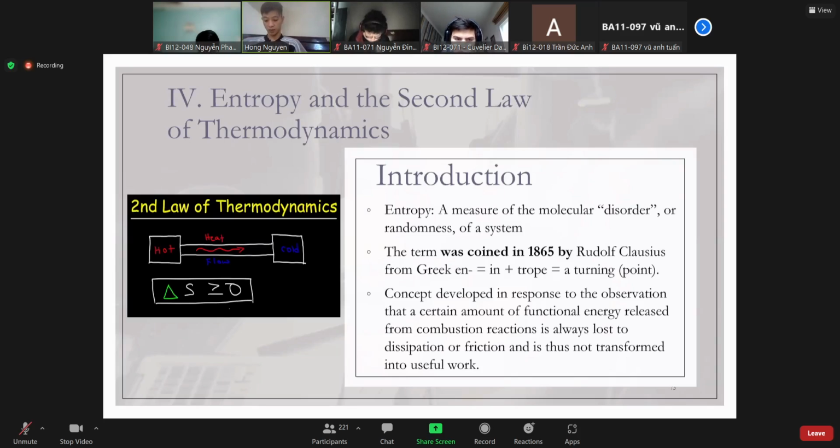And at that moment, scientists also try to explain why the energy is always lost from the combustion reactions. Maybe due to the dissipation or the friction. Why all of energy cannot be transformed into useful work. So they try to explain it, and then the term entropy appeared as a way to try to explain.